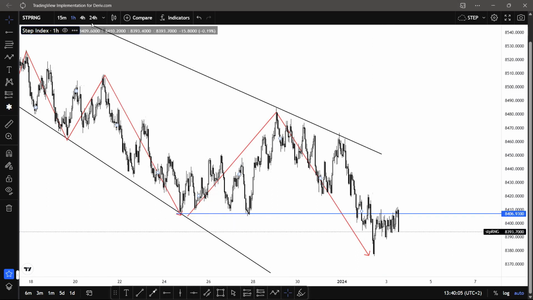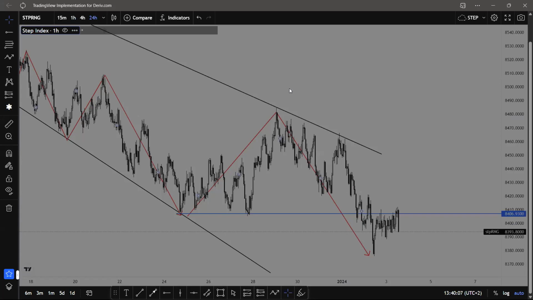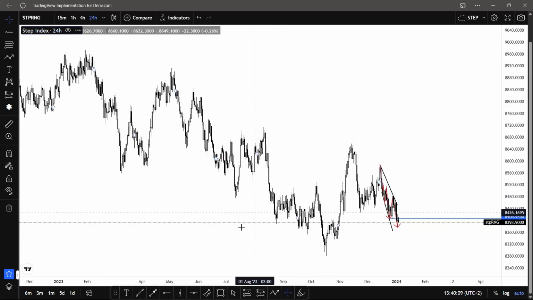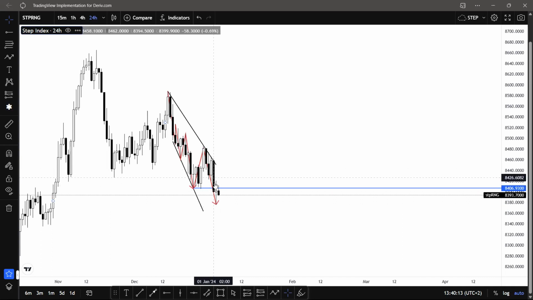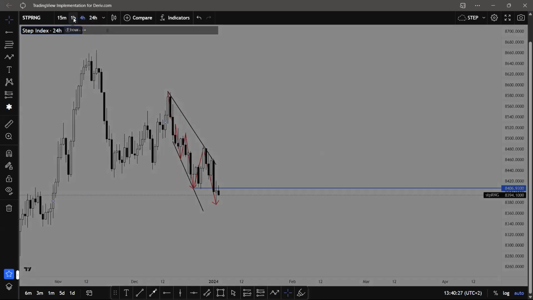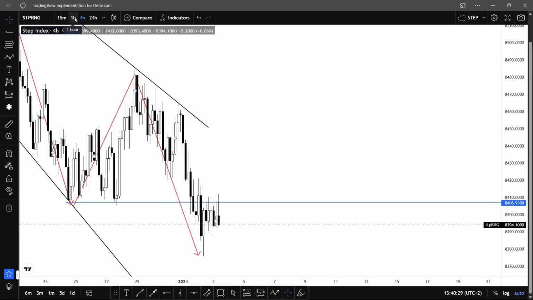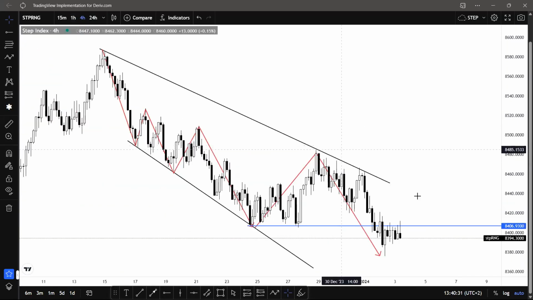Let me go to a daily chart so that you guys can see what I'm talking about. As you can see here, the only thing that is below here is this bearish candlestick, right? Then you have an indecision candle. That's what I meant when I said that one is not yet an official lower high.